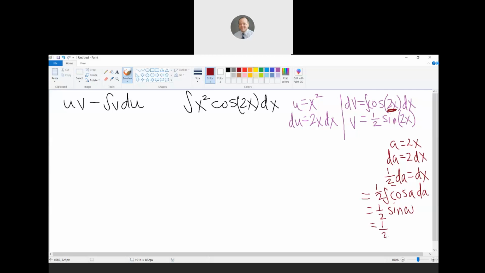And the last thing I did was just back substitute a. It was originally 2x. So that's how I got v so fast. I did a side substitution. Any questions about the a substitution?